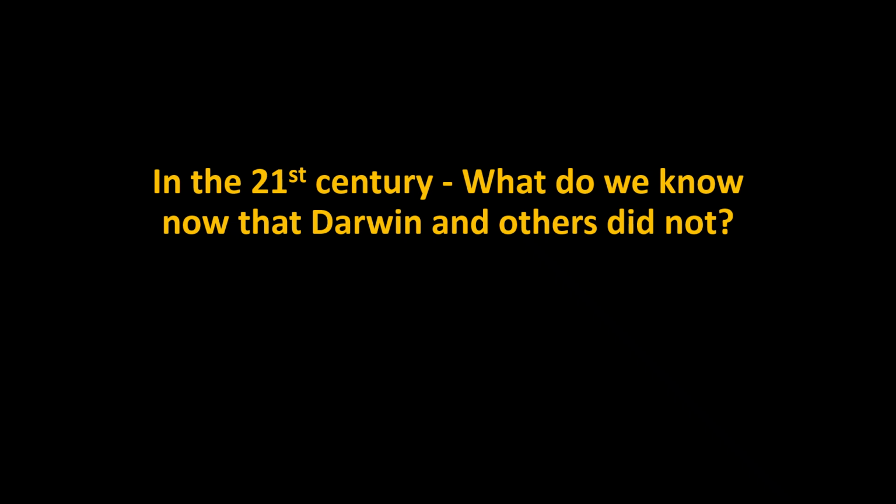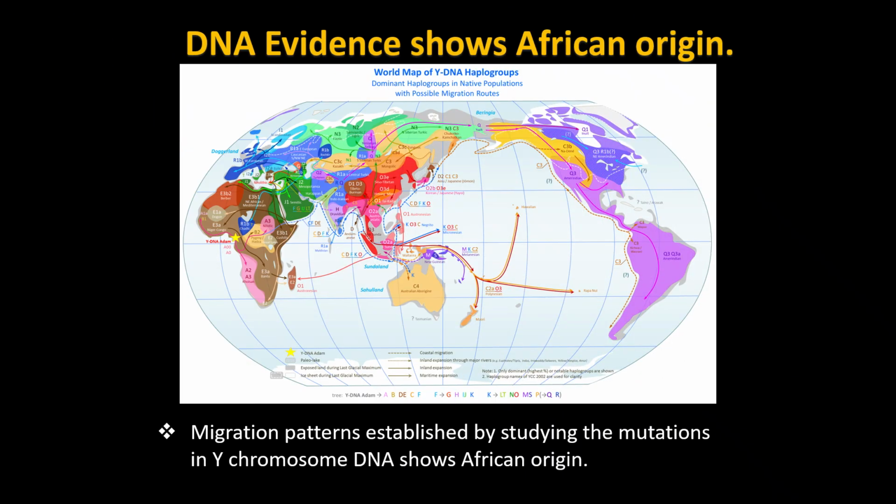In the 21st century, what do we know now that Darwin and others did not? Our modern understanding of human origins, often called the out-of-Africa theory, suggests that all people alive today can trace their ancestry back to a small group of early humans who lived in Africa roughly 200,000 to 300,000 years ago.